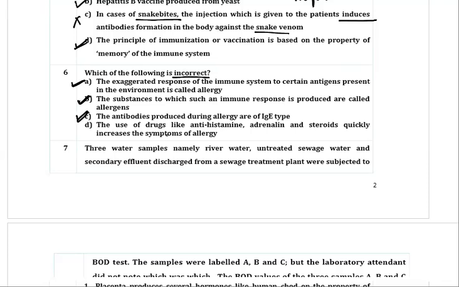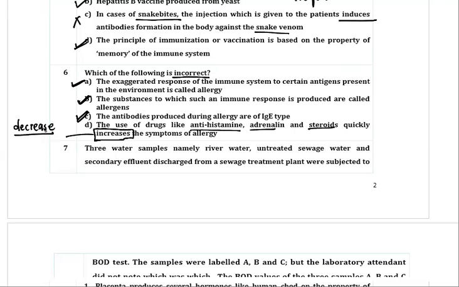And the use of drugs like antihistamine, adrenaline, and steroids quickly increases the symptoms of allergy. Here is the clue. It's not increase, it is decrease.